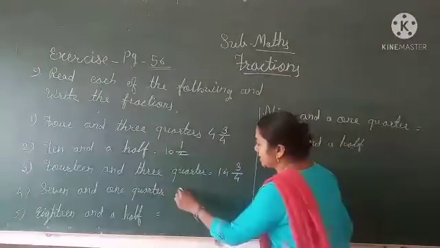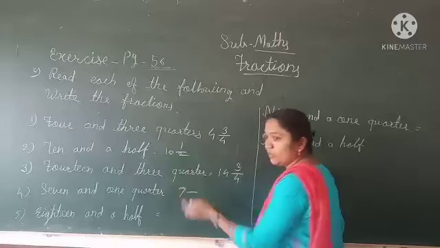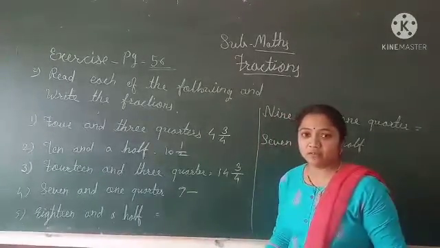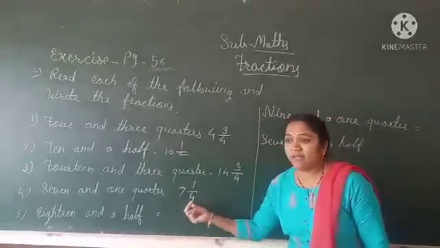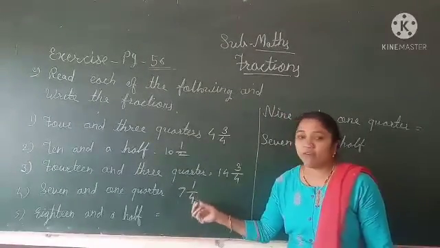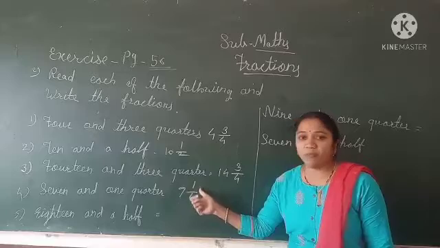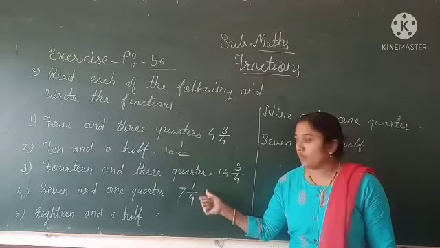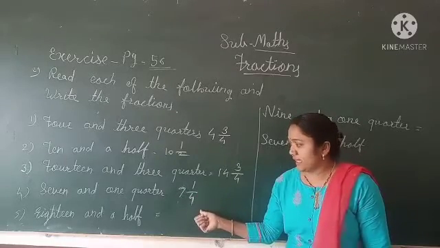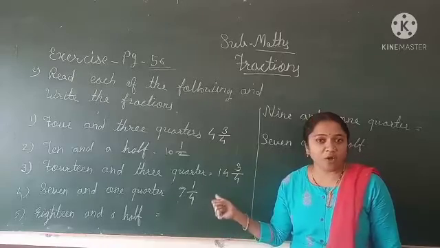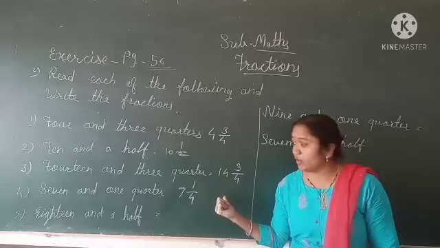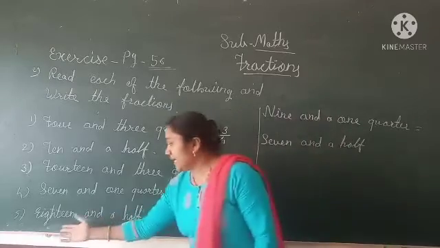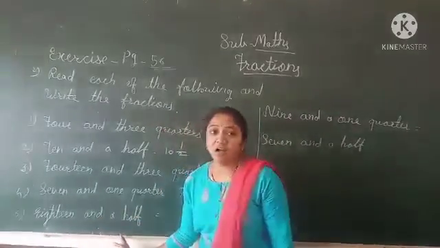So how to write this? 7 and 1/4 means 7 and 1/4. Yes. 1/4 means 1/4 and 3/4 means 3/4. So next is 18 and a half.